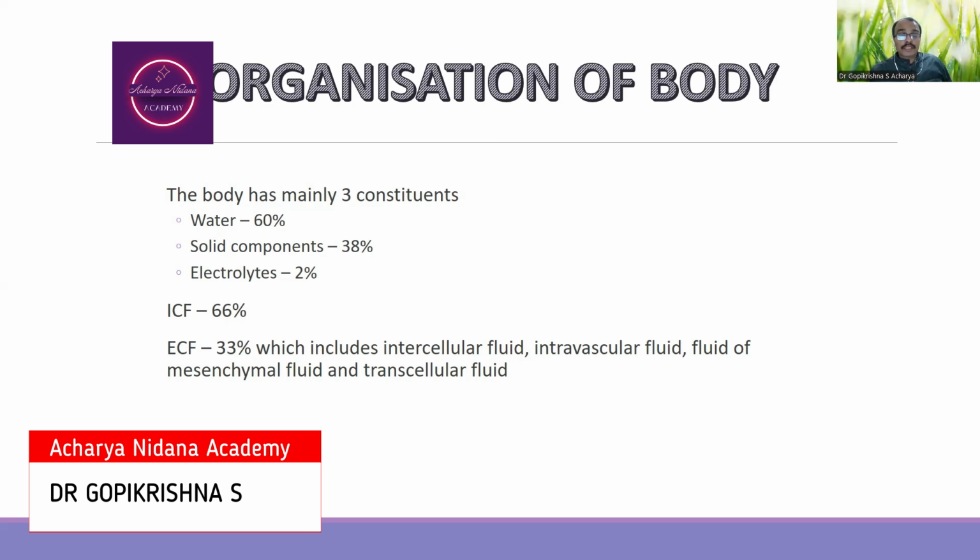Electrolytes present in the human body will be up to 2%. Whereas intracellular fluid will be present up to 66%, and extracellular fluid will comprise 33% of the human body, which includes intercellular fluid, intravascular fluid, fluid of the mesenchymal tissues, and transcellular fluid.